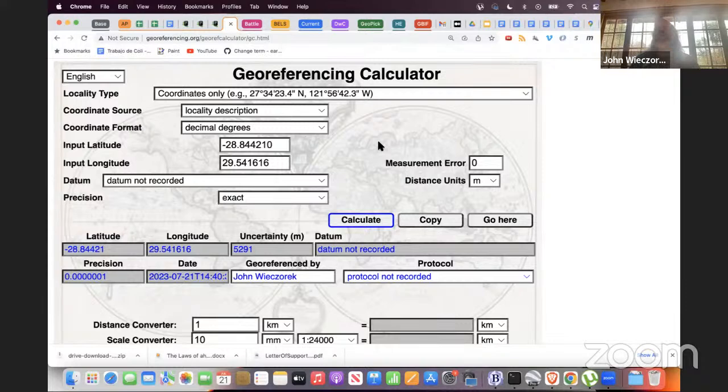But that's not what we want. What we want is to use the original description exactly as it was given to us and interpret it by the rules of the protocol, to follow exactly the steps of the protocol to interpret what that original locality says and arrive at a geospatial description as a point radius with decimal latitude, decimal longitude, geodetic datum, and uncertainty in meters.